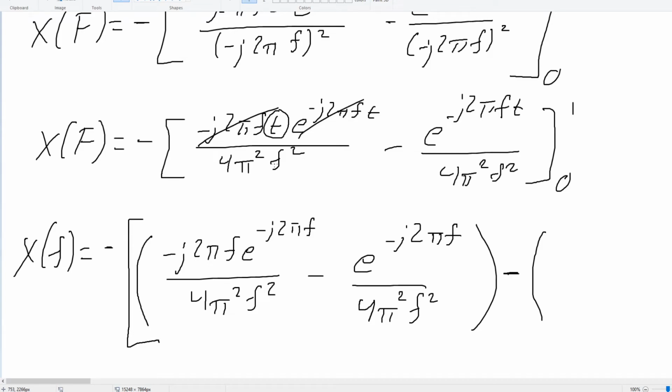It's going to be 0 over 4 pi squared f squared, which is equal to 0. So this first part is 0, and that's minus e to the whatever this is times 0. That'll be e to the 0, which is just simply 1. So this is 1 over 4 pi squared f squared.